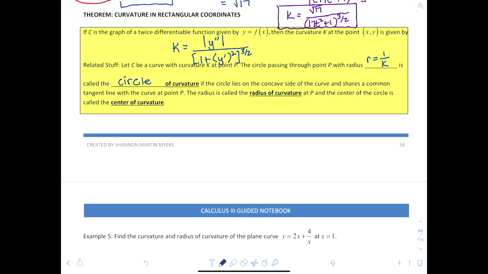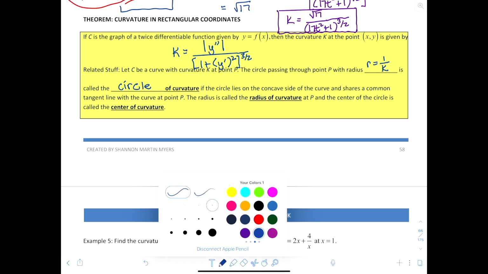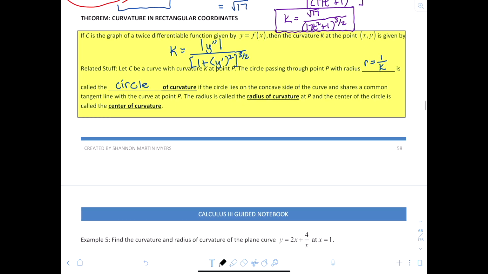So let's check this out. In general, what you have is something like this. Okay, so let's say this is x and this is y.